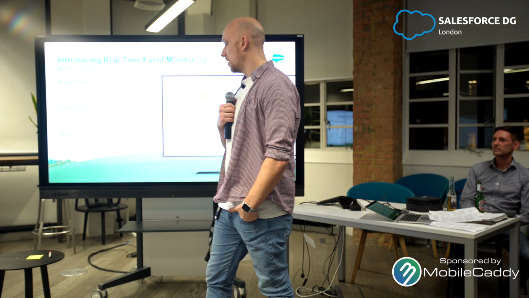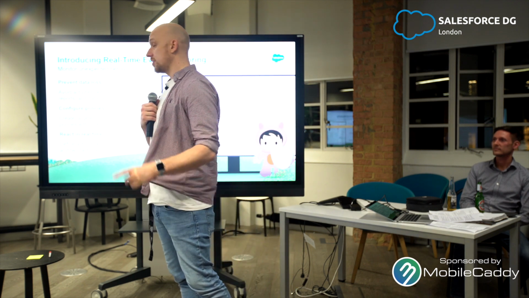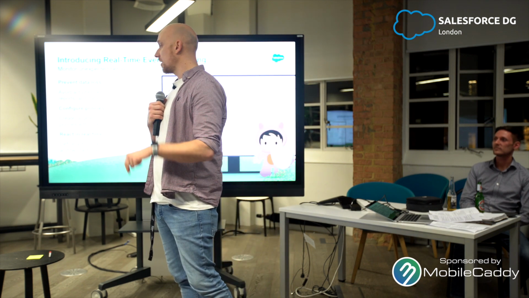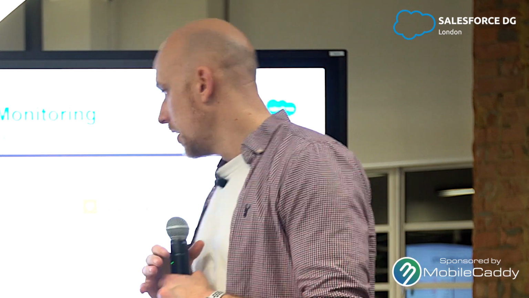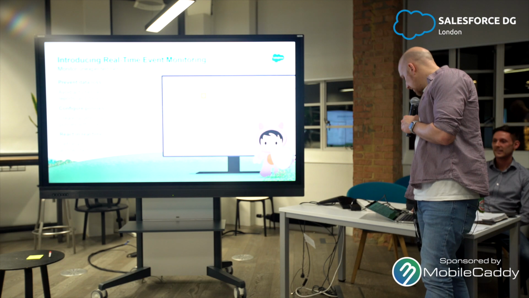They're real-time, which I think event monitoring hasn't been in the past, and I think they're coming in Spring 20. There's quite a small number of events initially, but they're going to expand as the releases go. And I think that's the last one in the list.